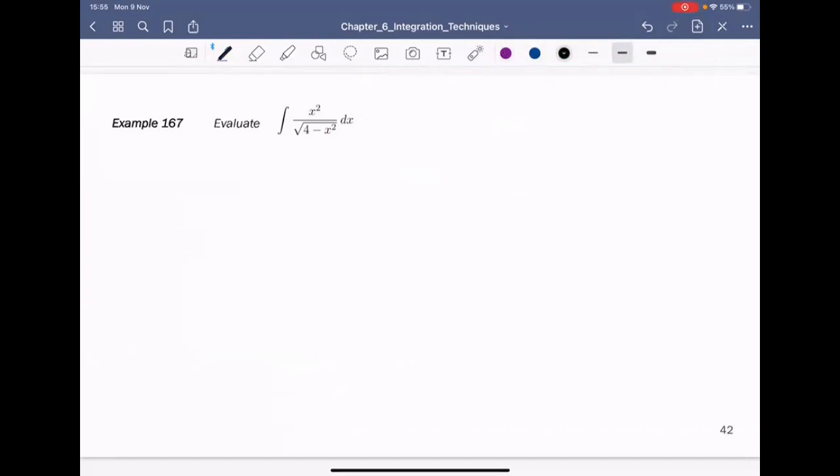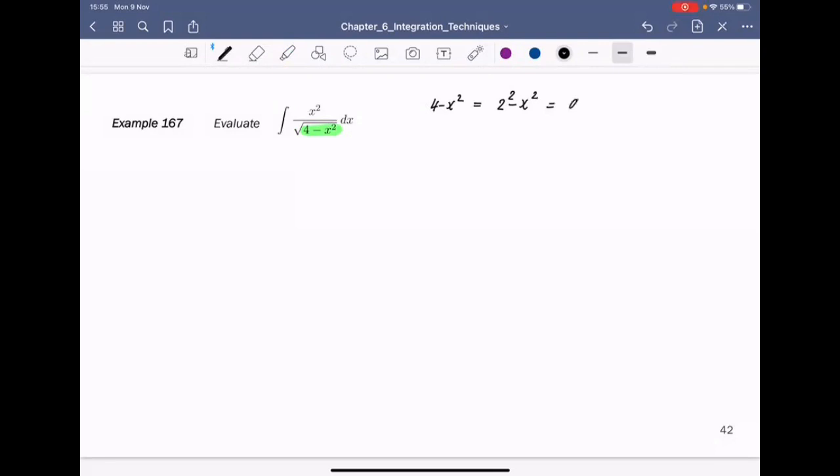Then you can go. So here I have 4 minus x squared. Every time I start looking at this type of problem, I look at the thing that is close to a squared minus x squared or x squared plus a squared. So I can do a substitution. Here, this is the same thing as 2 squared minus x squared, right?